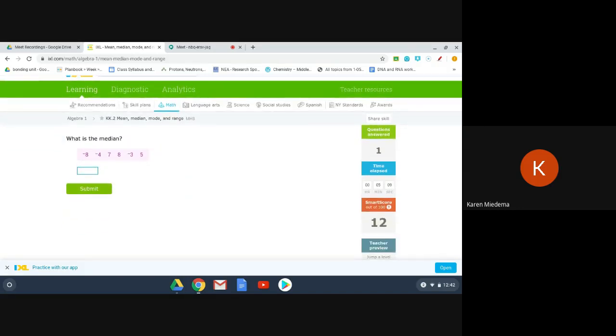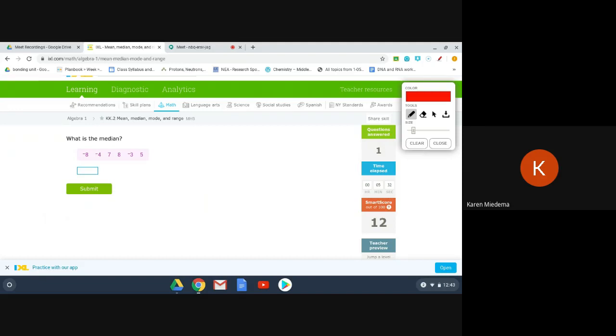Okay, what is the median? So again, let's start with the definition of the median. So the mode was the number that occurred most often. When we think about the median, the definition that we want to say is it's the middle number in an ordered list of data.